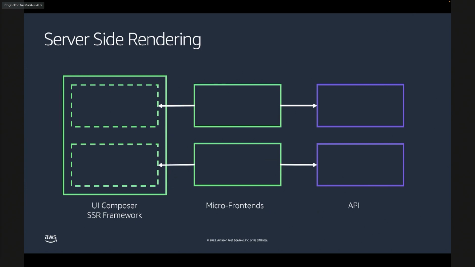And trust me, there are a lot of discussion around that in the micro-frontends community. What I'm trying to do today is trying to show you the key parts of building a successful server-side rendering implementation with micro-frontends in AWS.